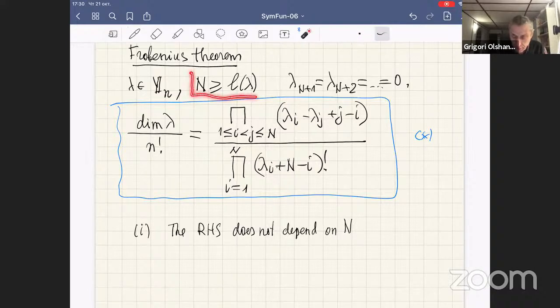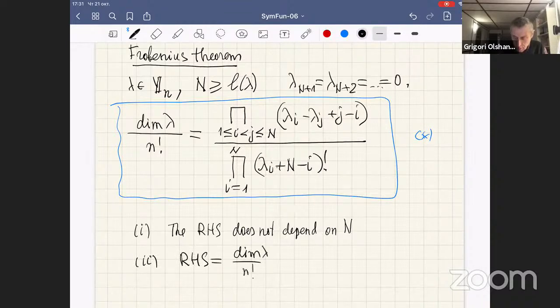This is important. So the right-hand side is stable. As n grows, it does not change. And of course, the second claim is that the right-hand side gives us the dimension up to this factor. Both claims are important.